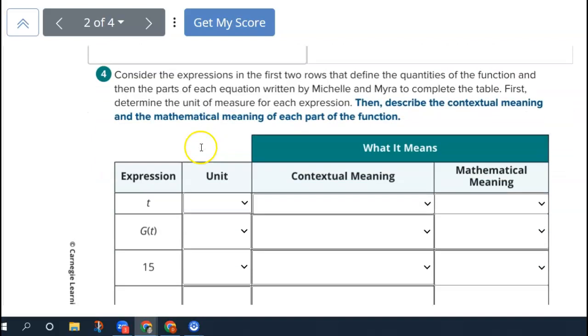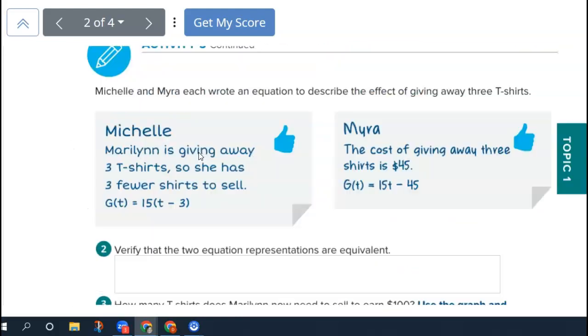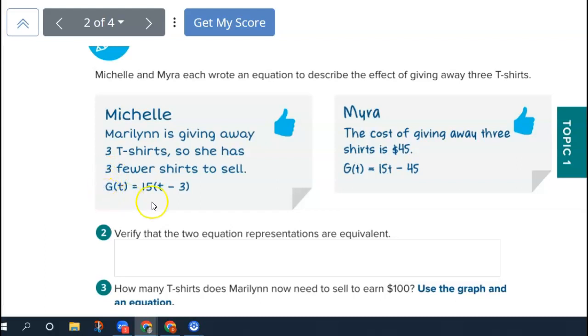Then, in this table, you're looking at the different components of the equations. So you see these two equations here. There's Michelle's g of t, or her function called g, and there's Myra's function named g. So we're looking at those components of these different forms of the equation.